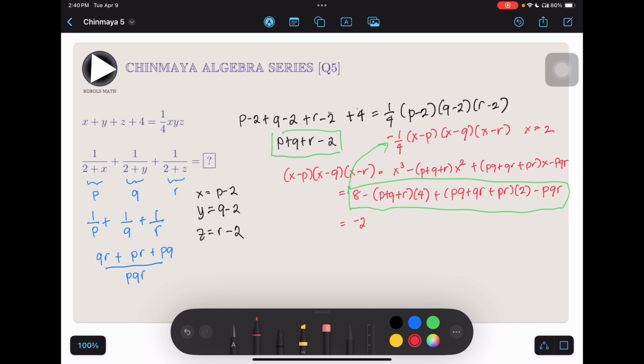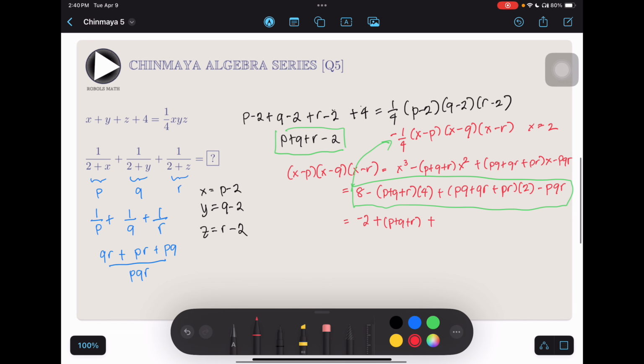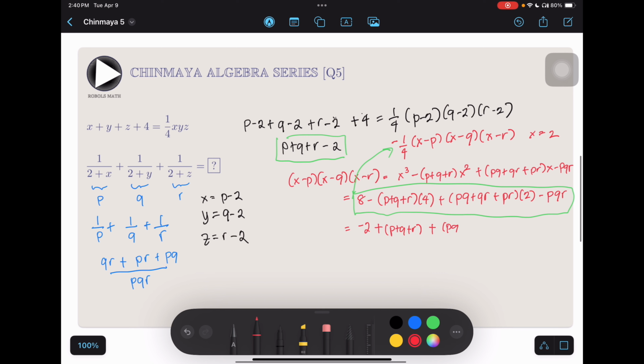Negative 1/4 times negative 4 times the sum of p, q, and r gives us positive p plus q plus r. Then for pq plus qr plus pr, it becomes negative 2 times 1/4, we have negative 1/2. And this one becomes positive pqr over 4.